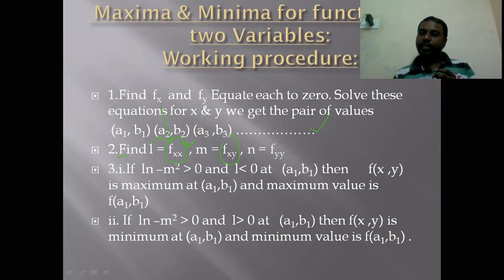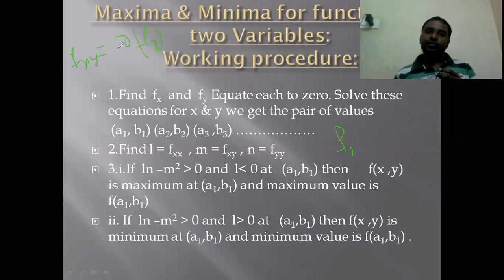So after finding the first order derivative, again we need to differentiate with respect to x, that I'm calling fxx. So that I'm denoting with L. Similarly, I need to find fxy. So fxy is nothing but, first we differentiate that function with respect to x, already we have done.